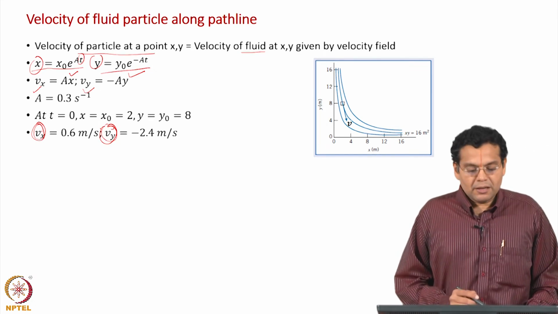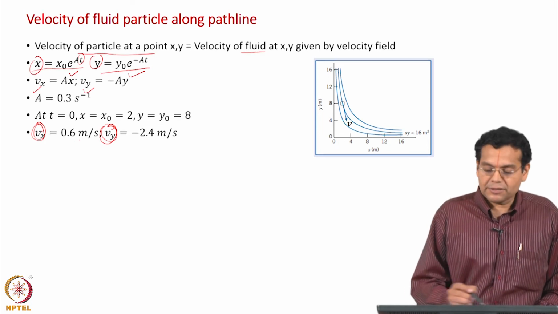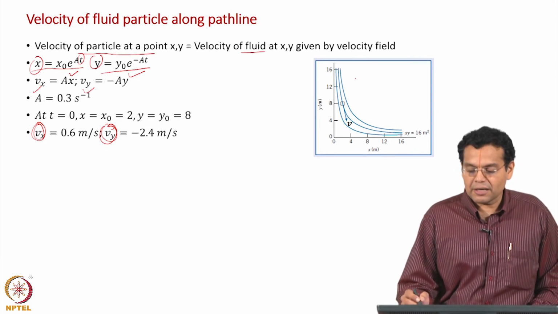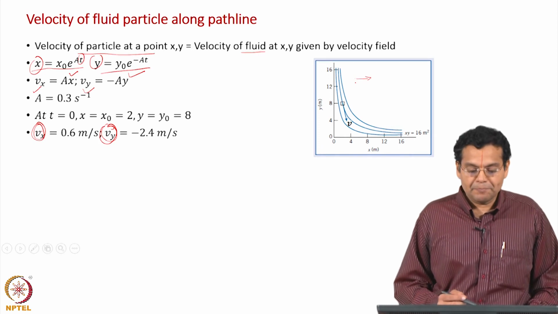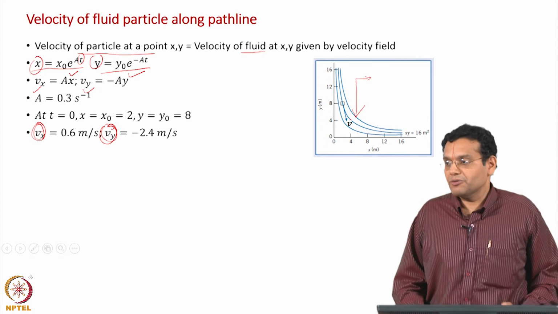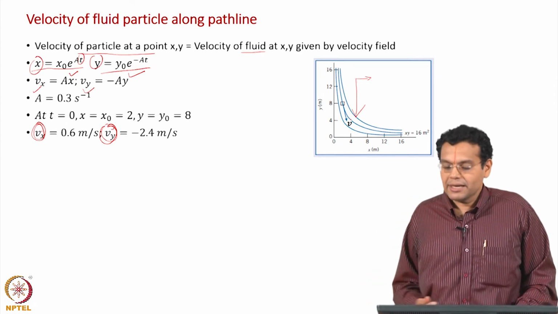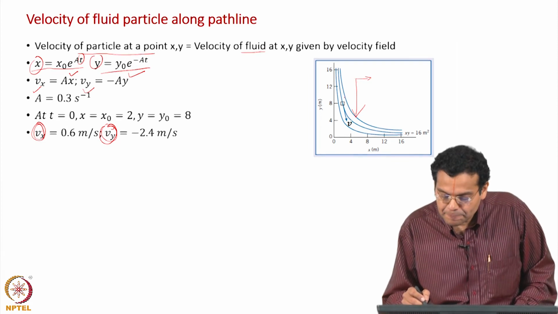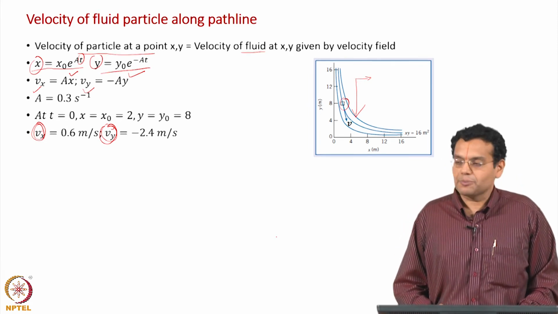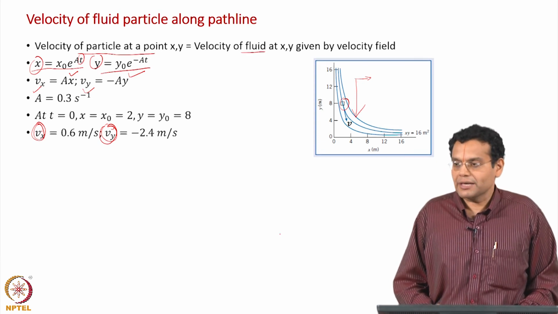Now, as we have seen to begin with, the x velocity is a smaller value in magnitude, 0.6, and the y velocity is a larger value, minus 2.4 meter per second. A larger y component and a smaller x component. So, the particle here will have these values: 0.6 in the x direction and 2.4 in the negative y direction.